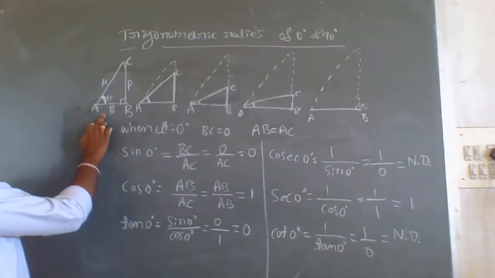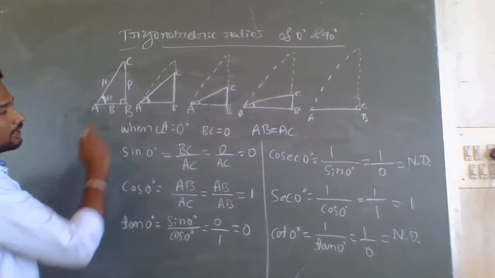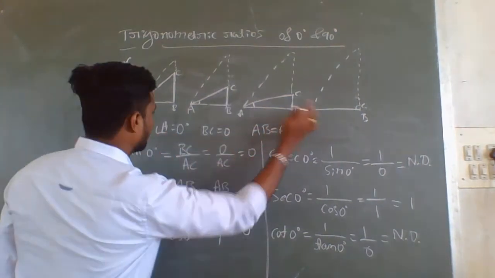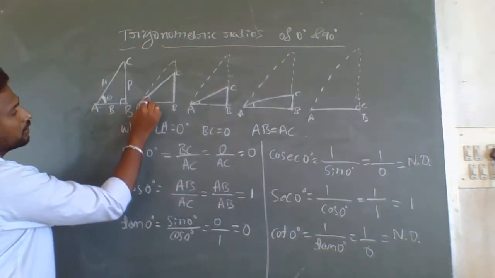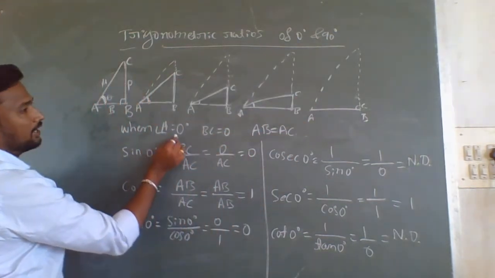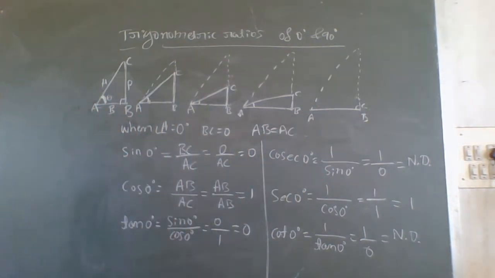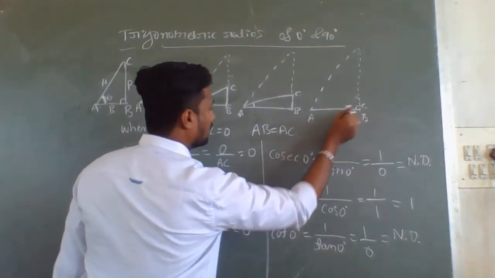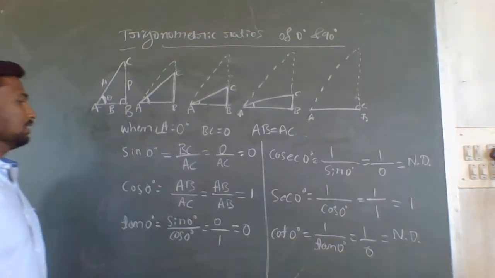We are calculating trigonometric ratios with respect to 0 degree, so we are reducing this angle A. When angle A becomes 0 degree, the length of BC is also 0. As we reduce angle A, the length of BC also decreases. So when angle A becomes 0 degree, BC also becomes 0, length of BC equals 0. Again you can see the length of AB equals AC.